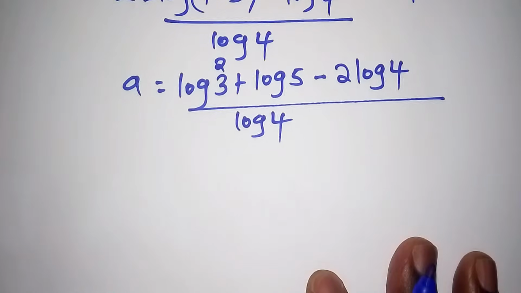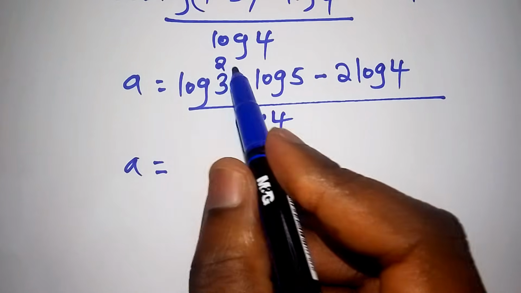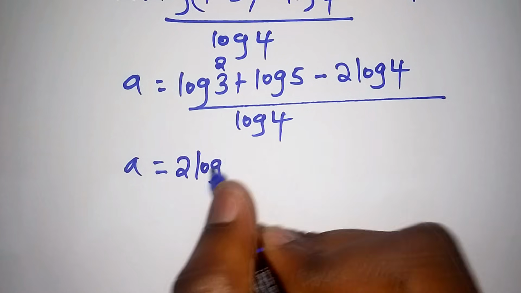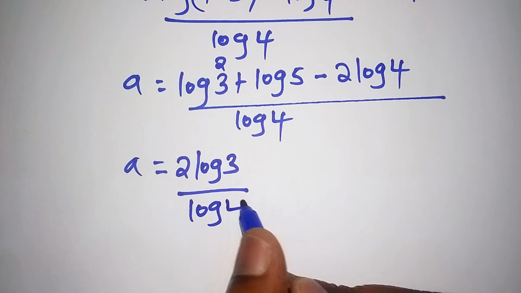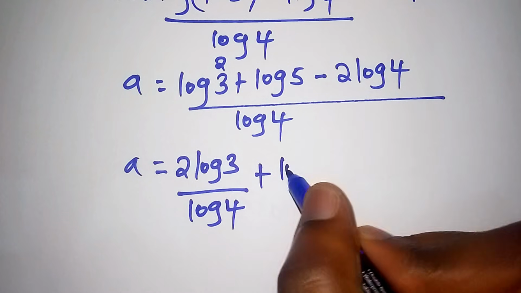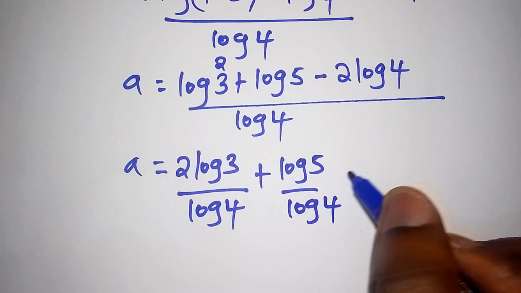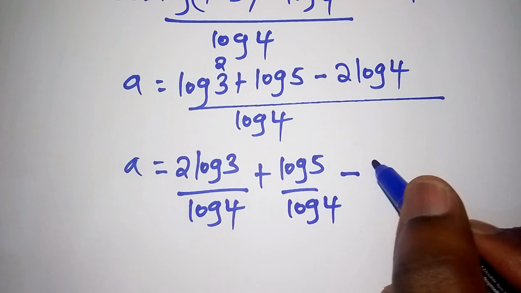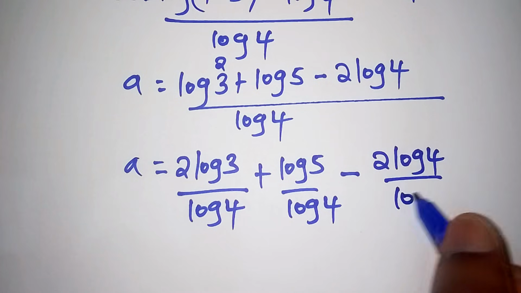So the next one, our value for a is equal to the log of 3 to the power of 2, which can be written as 2 the log of 3, all over the log of 4, plus the log of 5 all over the log of 4, then minus 2 log 4 all over the log of 4.